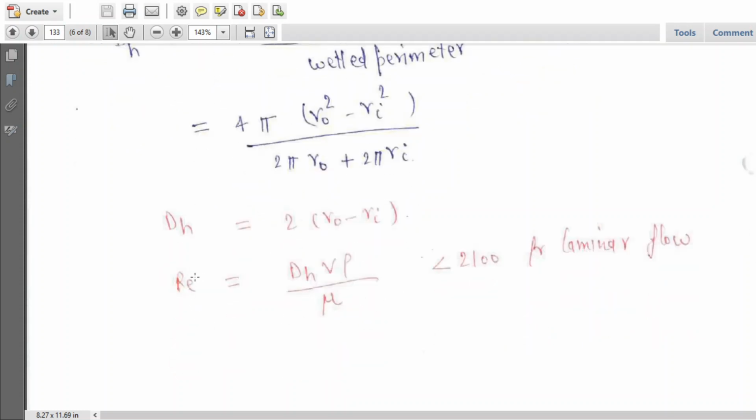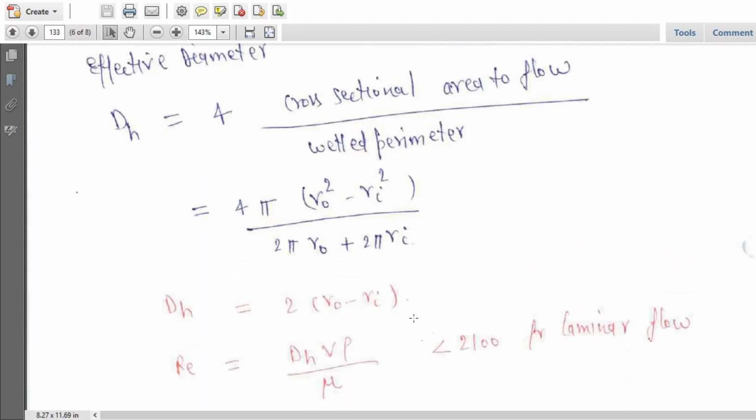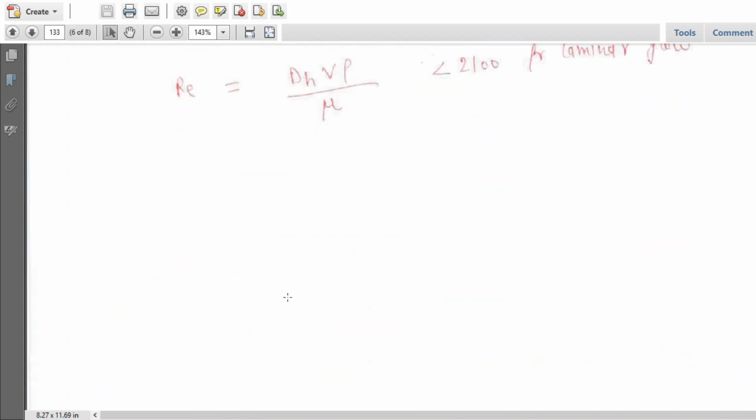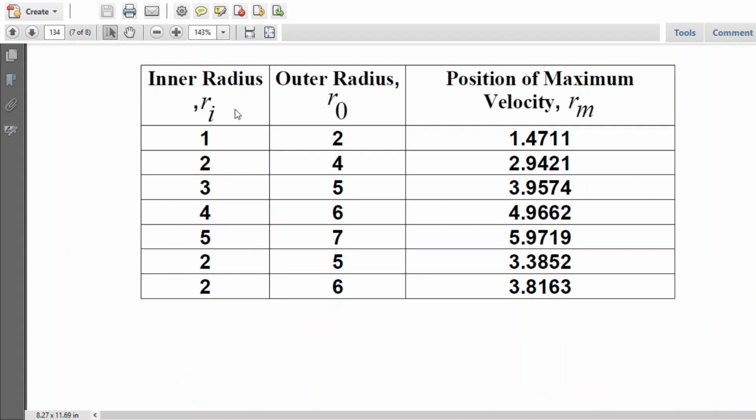So the Reynolds number can be calculated. Hydraulic diameter times v rho by mu is less than 2100 for laminar flow. The position of r maximum can be checked with any value, so you can substitute here. This is the inner radius, the outer radius, and these are the corresponding calculated values for the maximum velocity rm.